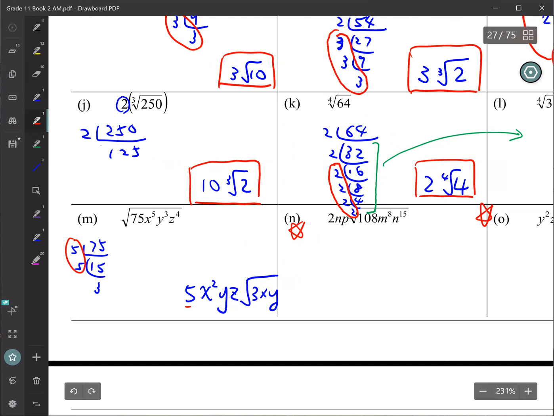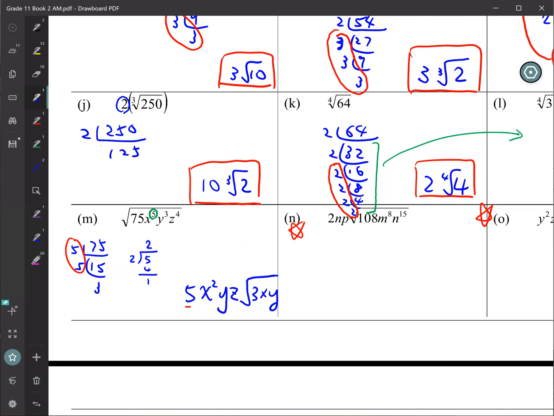Now you look at the exponent. You have 5 x's. So that makes 2 pairs, right? 2 pairs of x and 1 more, right? It's like you divide by 2. 5 divided by 2 because it's a square root, so we need to divide by 2. The answer is 2 with a remainder of 1, right?